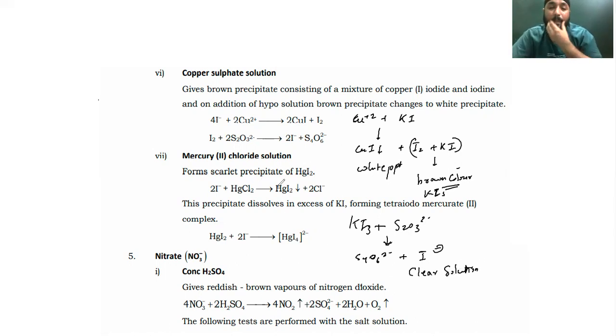Now with mercury chloride solution, what exactly happened? HgCl2 will react with I minus to form HgI2, which is a scarlet red precipitate. This scarlet red precipitate, in excess of KI, will form a soluble complex.